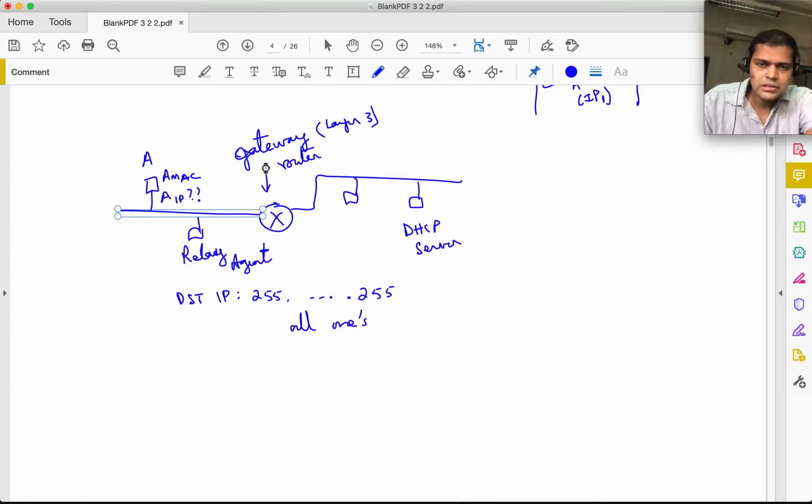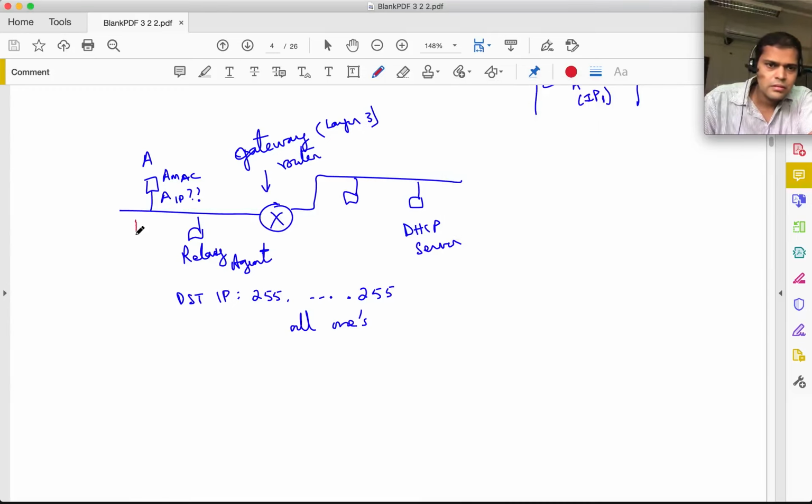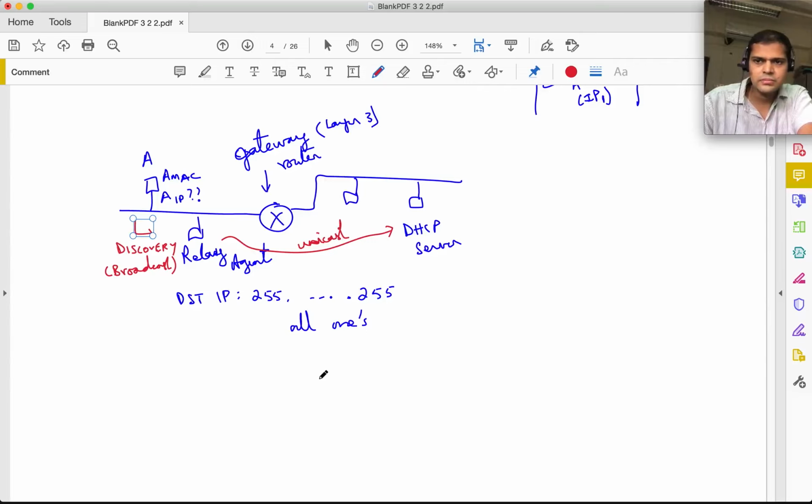So when A sends out the DHCP discover, it sends a discovery message, and this is broadcast. The relay agent is going to receive it, and it's going to unicast a packet to the DHCP server because it knows the IP address of the DHCP server.